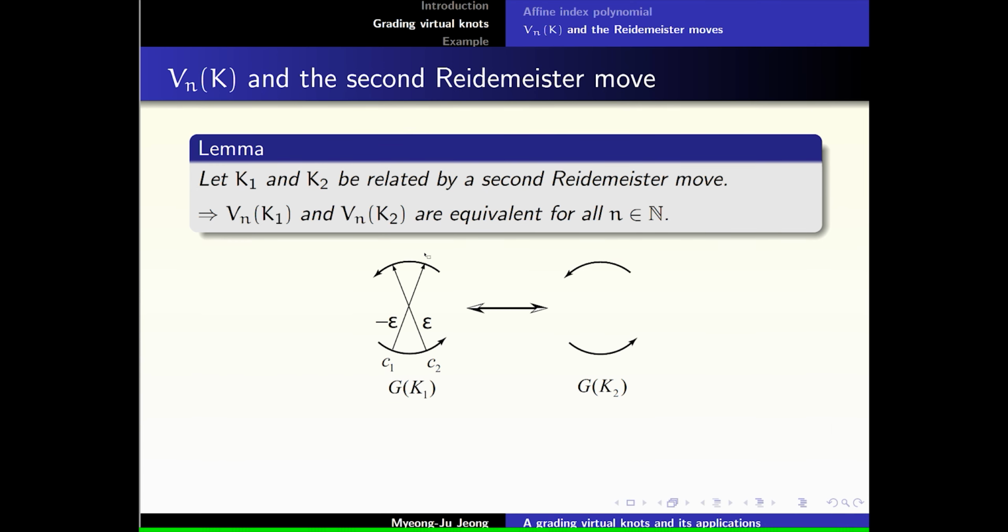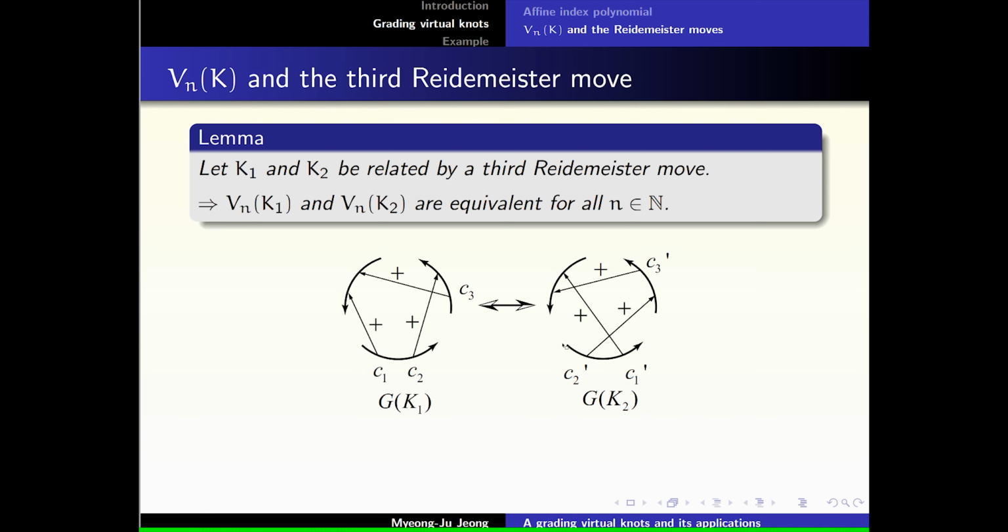Similarly, we can show that if two virtual knots K1 and K2 are related by a second randomized move, then V_n K1 and V_n K2 are also related by a second randomized move. The second randomized move is shown in this figure. Then the most complicated one for the proof is the case for the third randomized move.